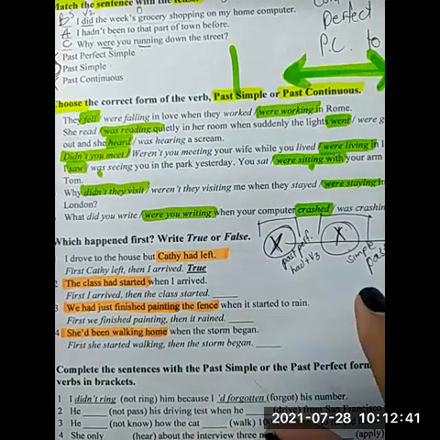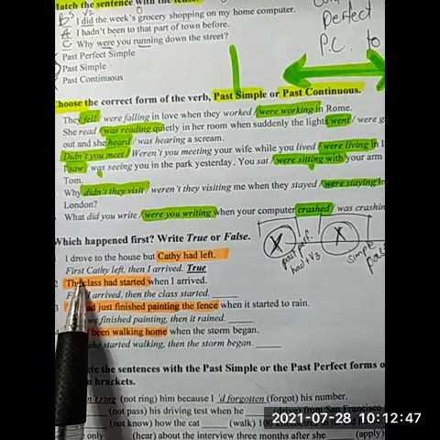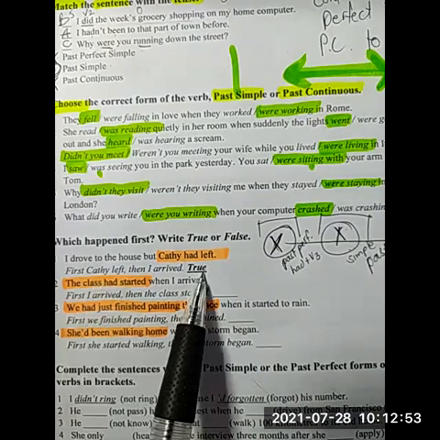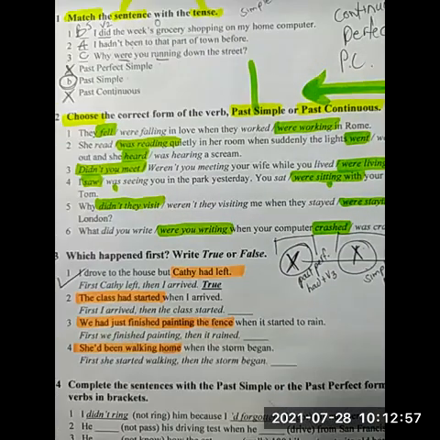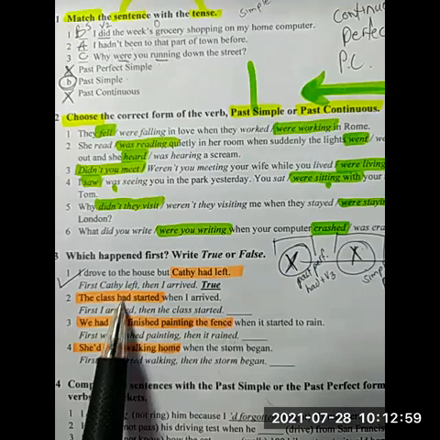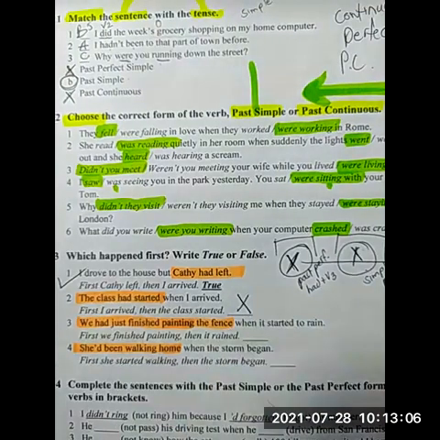So let's see. Kathy left first, then I arrived. Yes, absolutely true. First, I arrived? No, no, no. First, the class started, then I arrived. I was late. So that one is not true. Number 3, we had just finished painting.